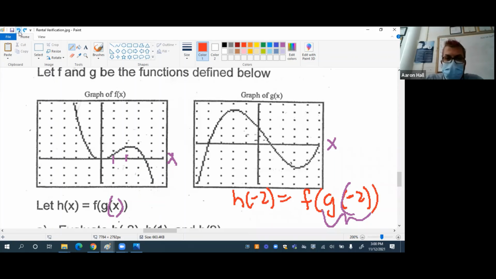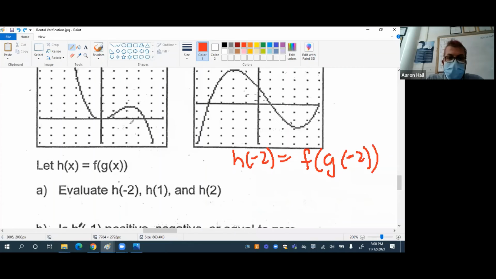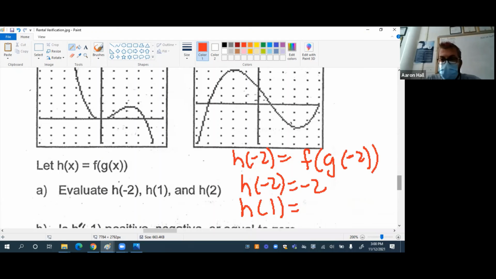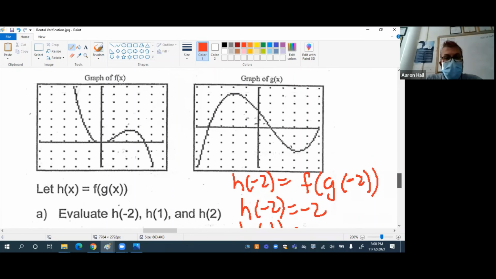So we're getting h of negative 2 is negative 2. Okay. What about h of 1? Do you want to do another one together, or do you want to try to do these on your own? Want to do another one together? Yes.